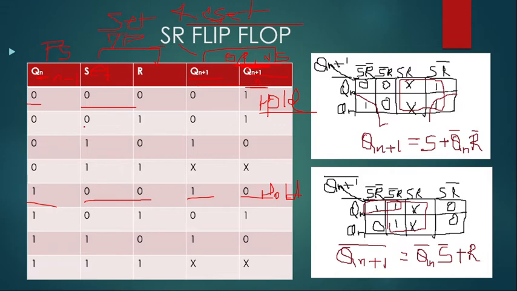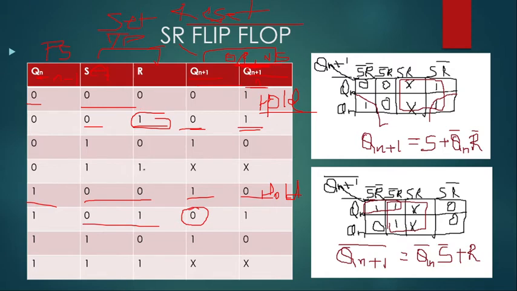Next is when S is 0, R is 1. When R is 1, it means now output will get reset. Output will get reset, it means it will become 0. Therefore output will become 0 and output bar will become 1. Again in the 0 1 condition, irrespective of the present state, your next state output will become 0.